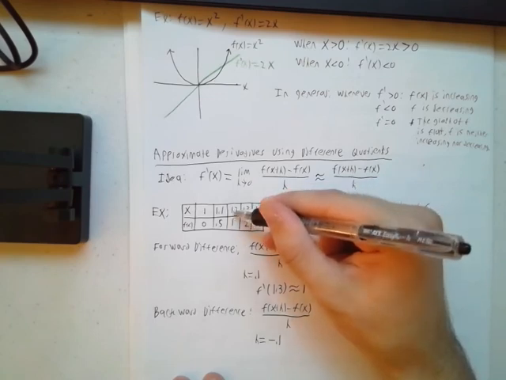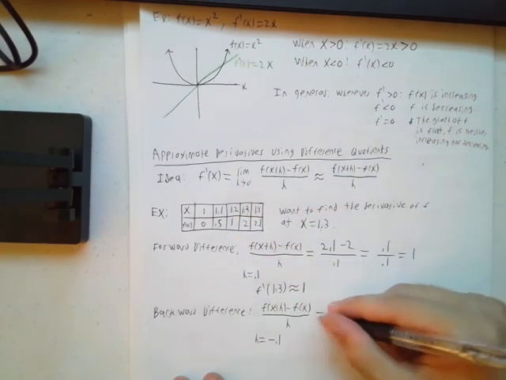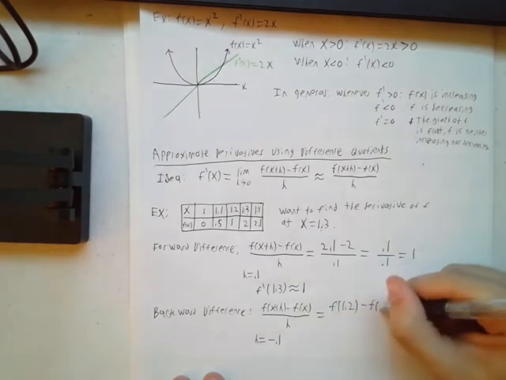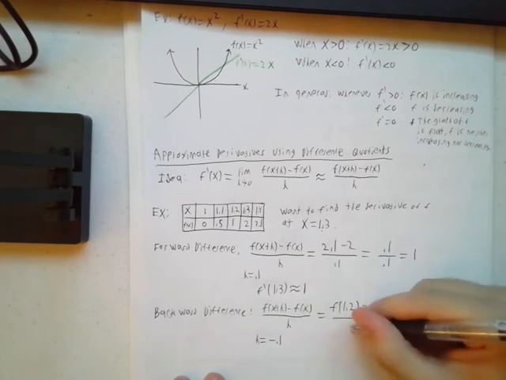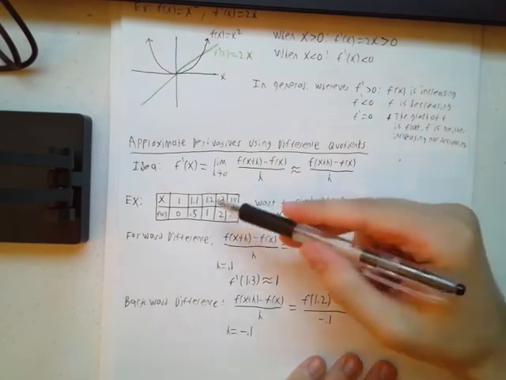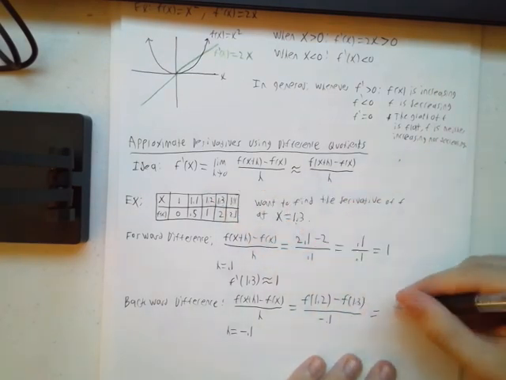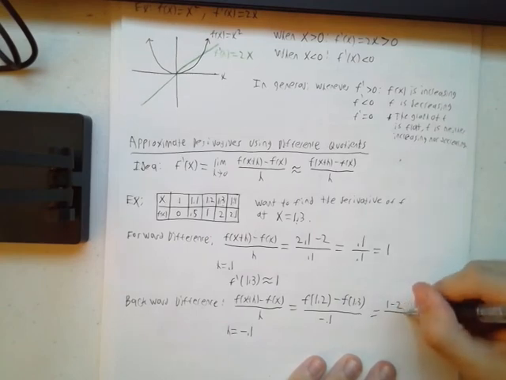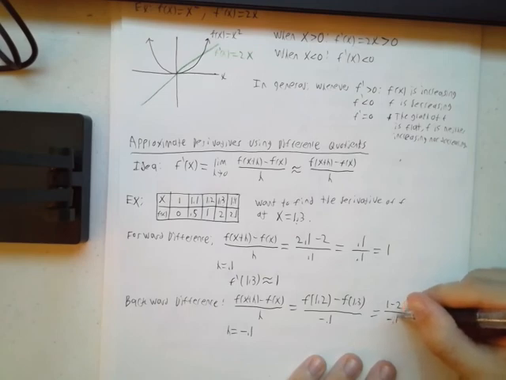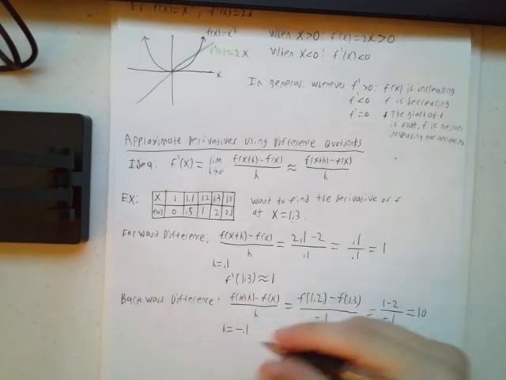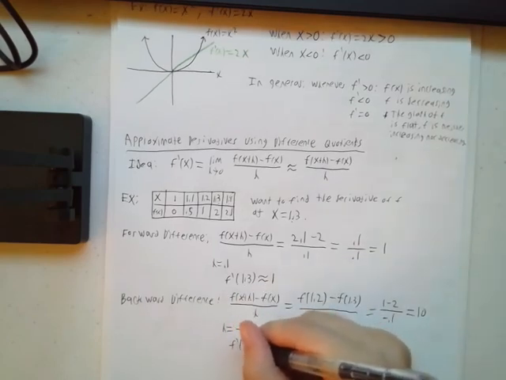So with this value of h, we have f of 1.2 minus f of 1.3 divided by negative 0.1. And if we look back up at our table, we have 1 minus 2 all divided by negative 0.1, which, if we simplify this, is equal to 10. So using the backward difference method, we would say that f prime of 1.3 is approximately equal to 10.